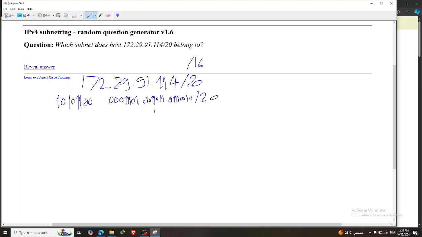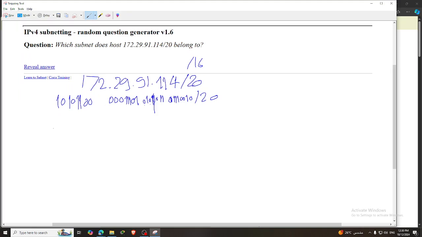From here these are now the network bits. So to solve this question, you will have to make everything behind this line 0 in order to know the network address.